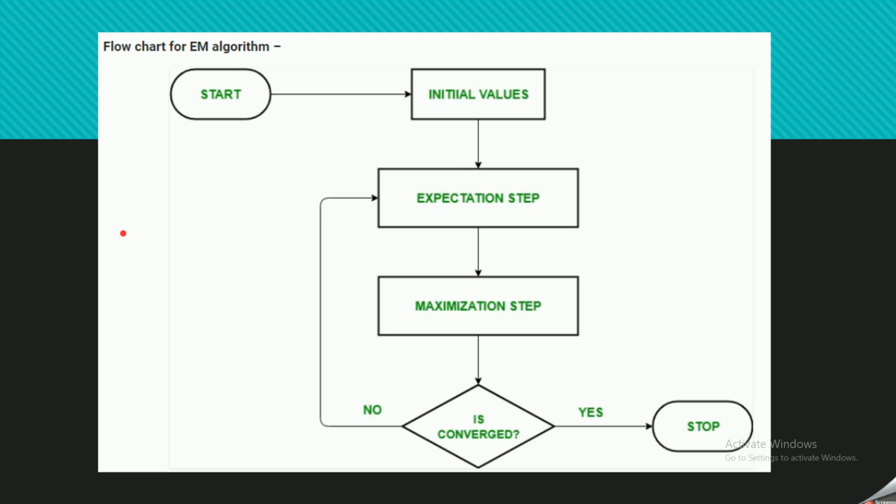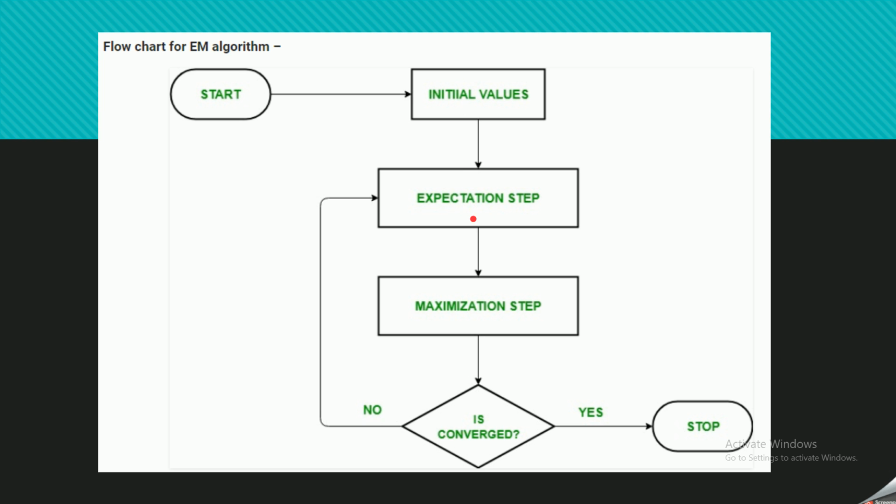This is the flowchart of EM algorithm. We start with initial values, that is from incomplete or observed data. We consider a set of initial values, which is nothing but our initial hypothesis. Then that is given to the expectation step, where we basically try to find out the missing value.